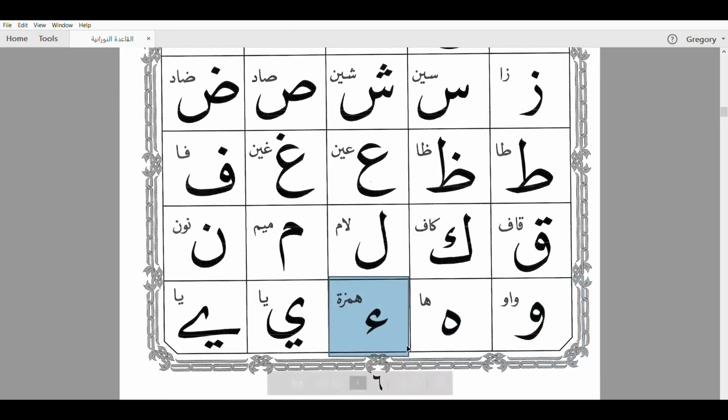This is the hamza. It creates a glottal stop. We'll go over this more later in the lesson. It's as if you take in a lot of air and hold your breath, and pay attention in your throat where you lock the air in. You close your throat.